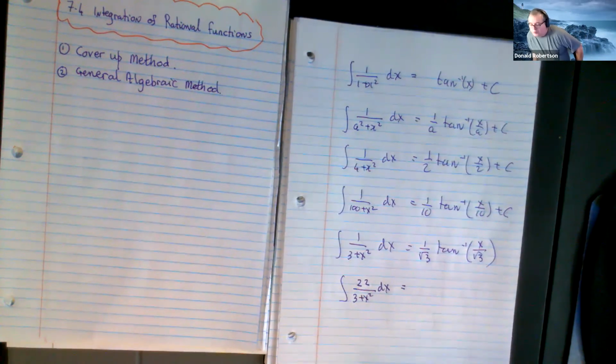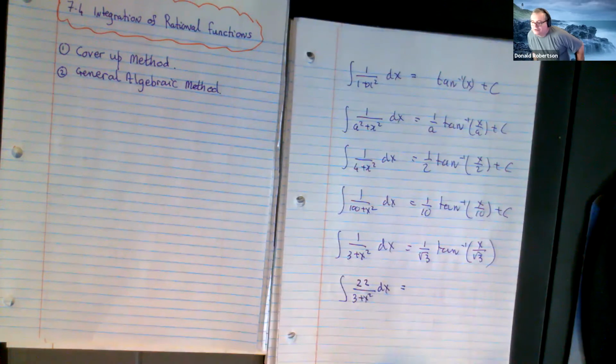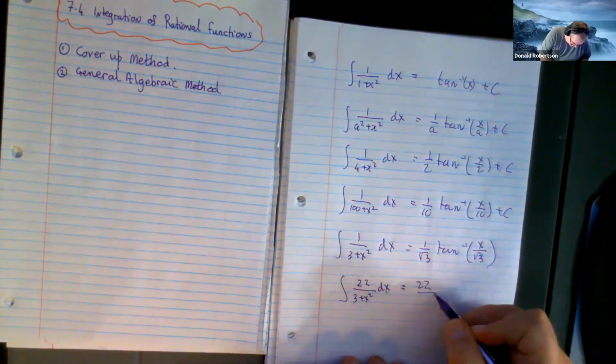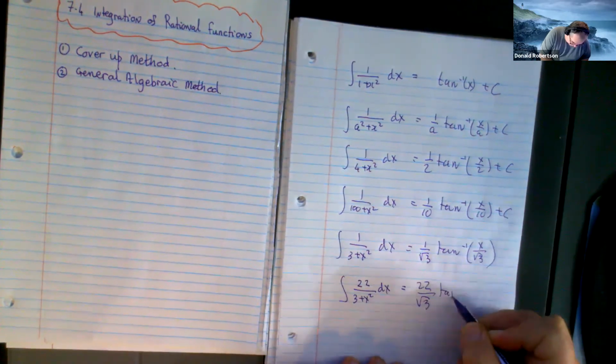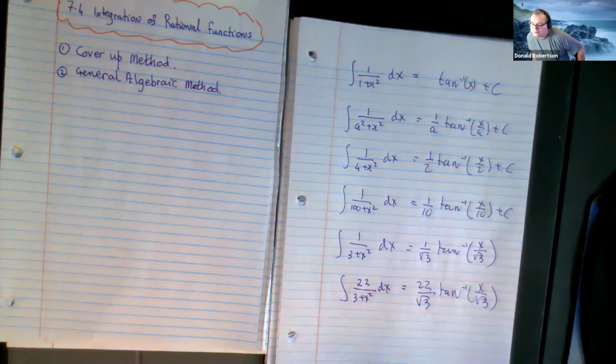You probably would expect numbers to be on the top. What's the answer? 22 over square root 3 rather than 1 over square root 3. Yeah, just 22 times whatever the answer would be as if there was no number. Are we cool on that?